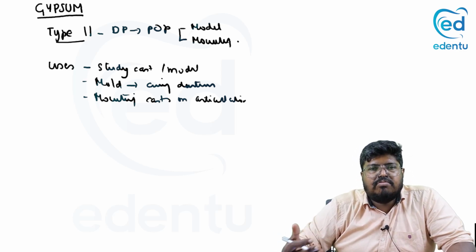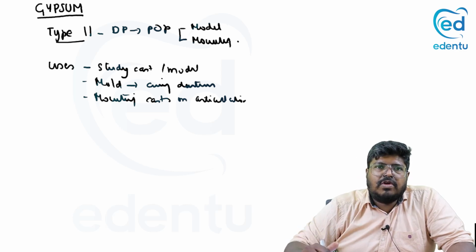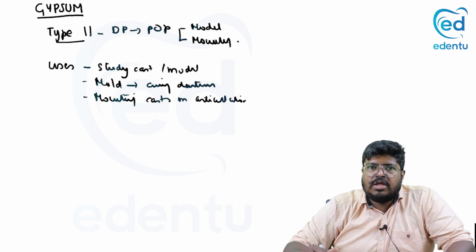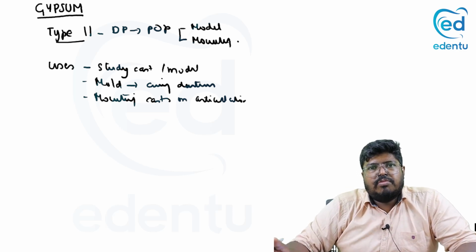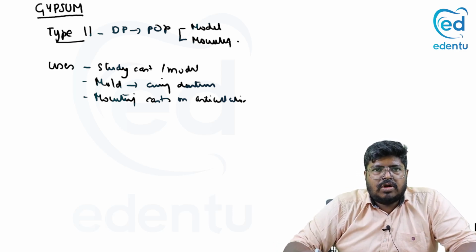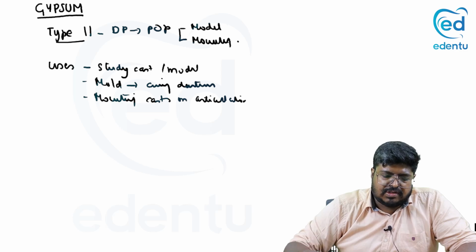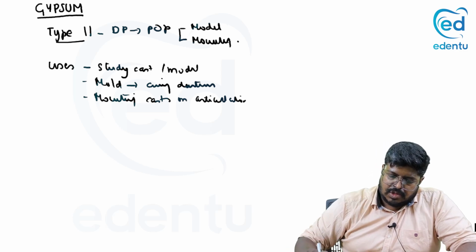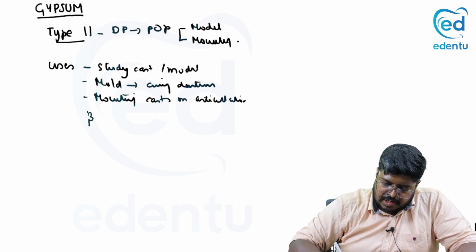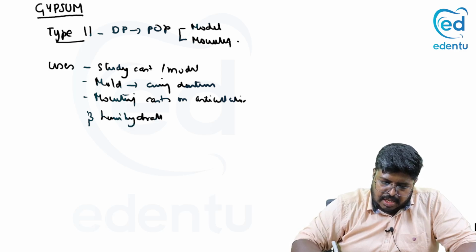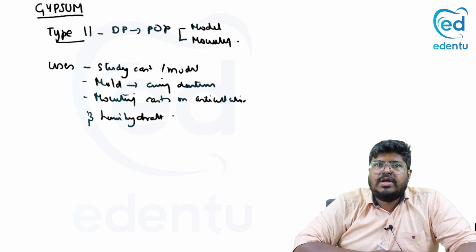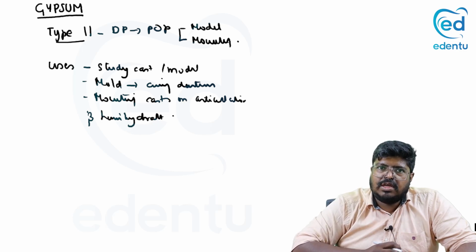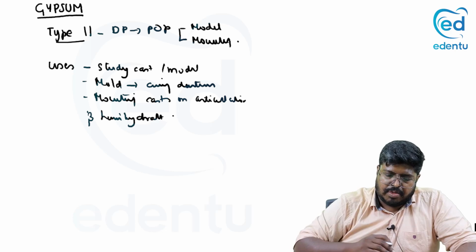You can use it to mark things, understand the basic shape and layout of the oral cavity, and explain it to the patient. You do not have to waste money buying more expensive dental stone products for this. That's what plasters are used for. Its basic composition is beta hemihydrate. We will come to the setting in just a few minutes, but understand this is what type 2 is all about.